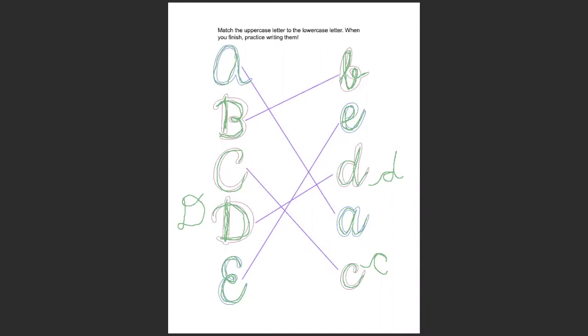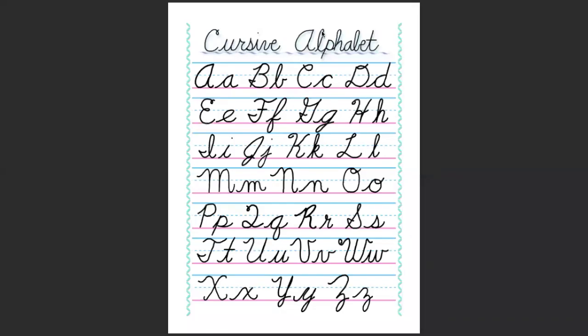It's not letting me draw on it. Let's see if I can make a rectangle. Well, I have to share it again so that you can see it. There we go. Now you can see it.